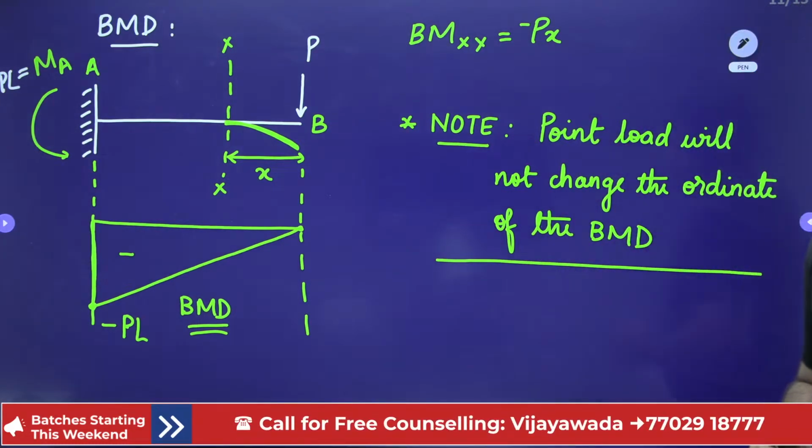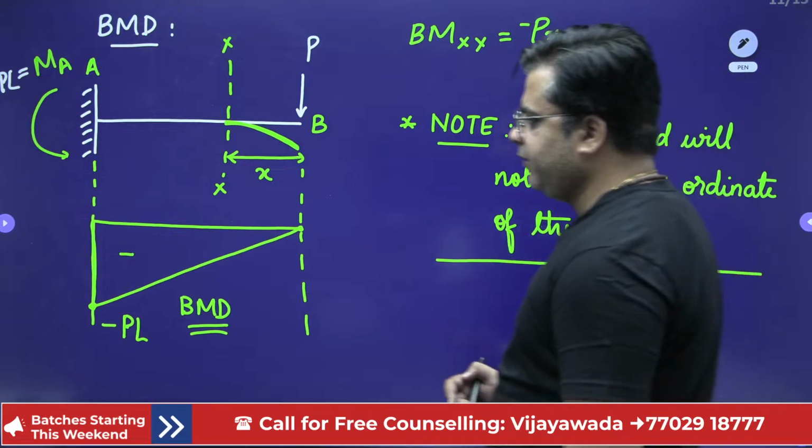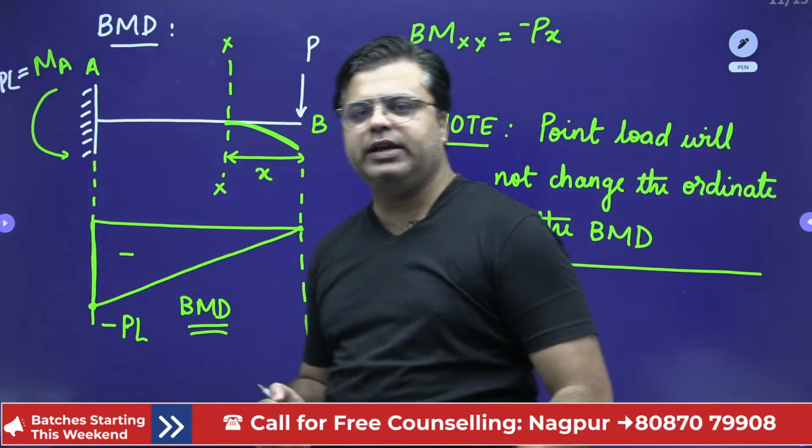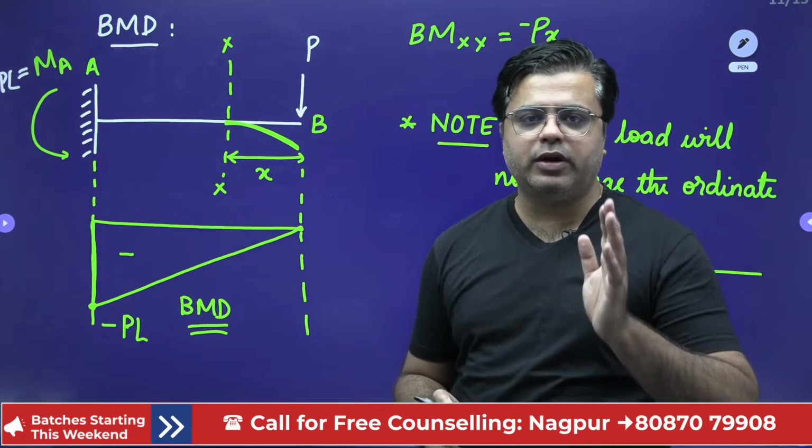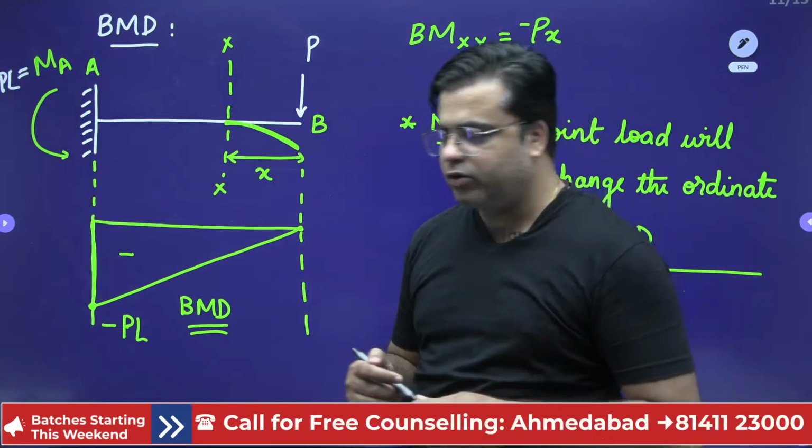Moving to the last case for drawing the SFD and BMD, we are going to see how to draw the SFD and BMD for a cantilever beam subjected to UDL.